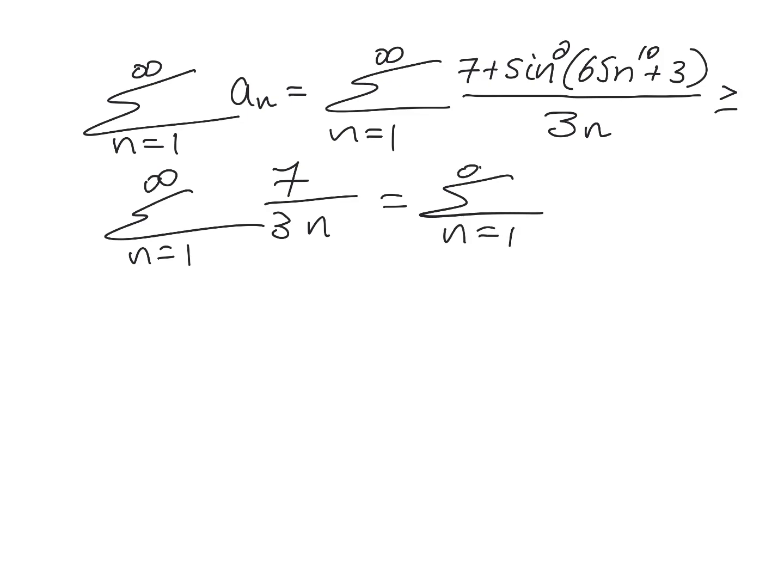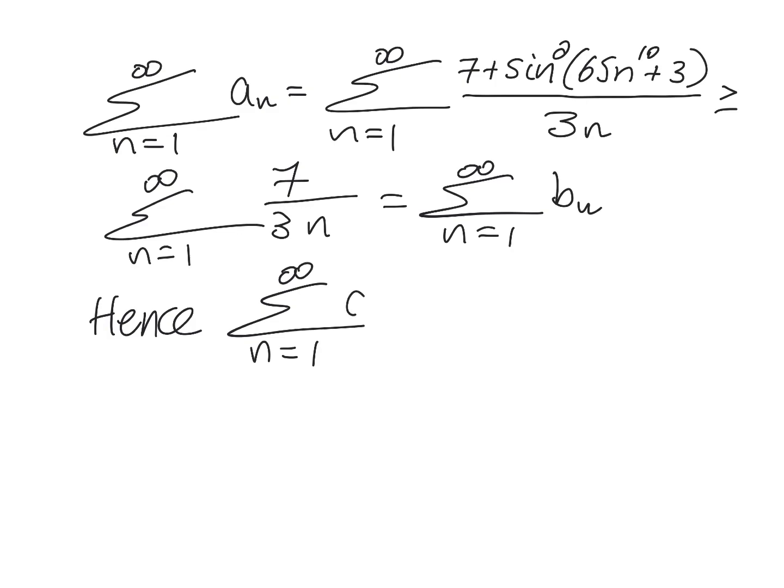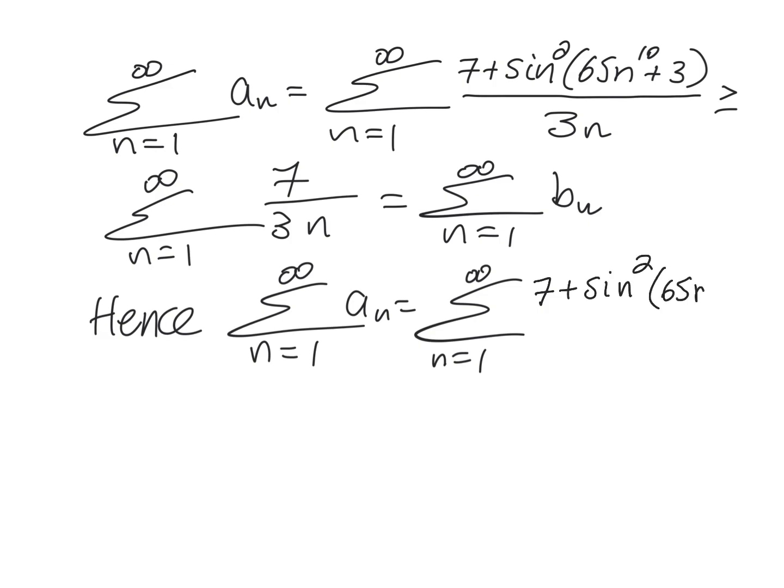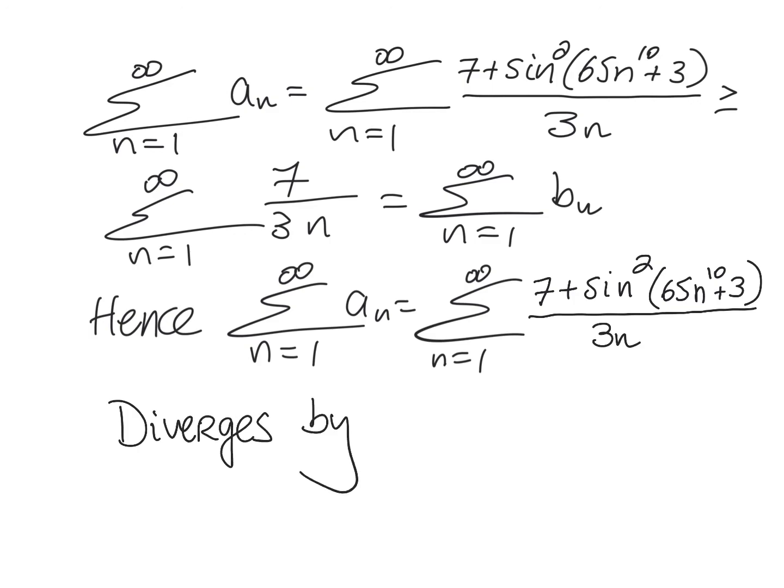We know that the b sub n series diverges, and therefore the series we're considering diverges. This is the second part of the comparison test, and we can say it diverges by comparison test.